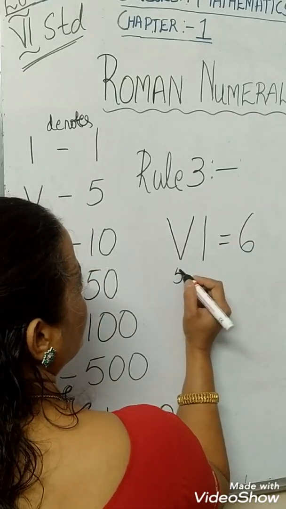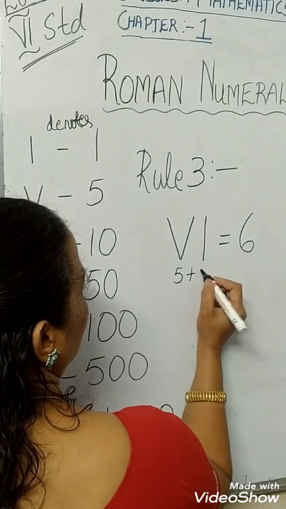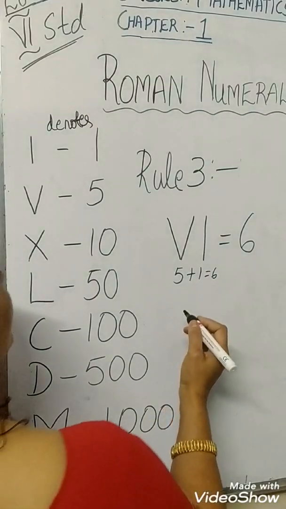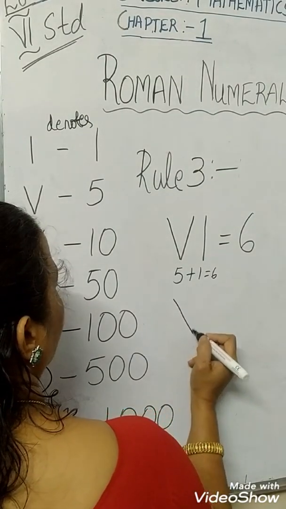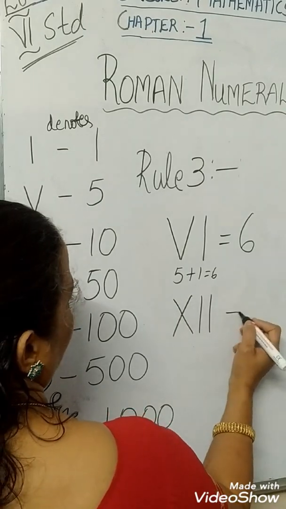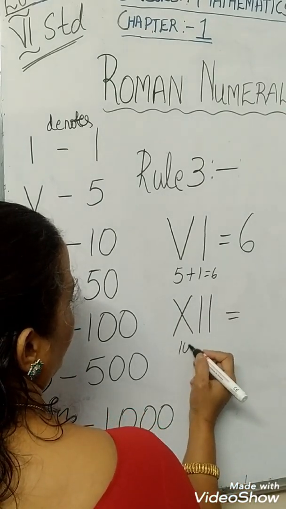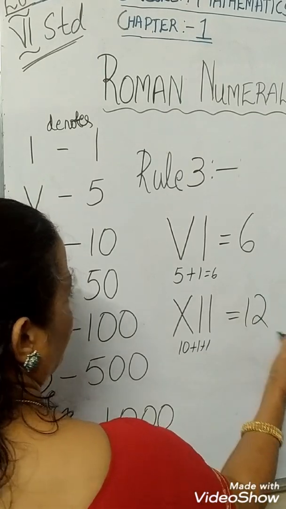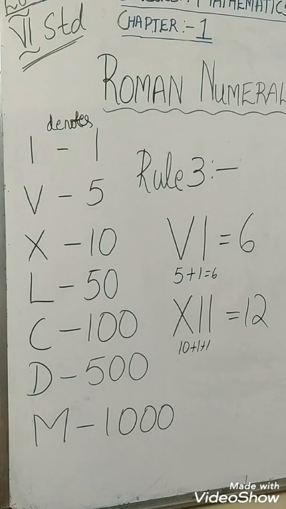Why? This symbol is greater, 5, and this symbol is 1, so it gets added up, so it is 6. Similarly, look here, X and I. Here the greater value is 10, plus 1, it is 11. Did you get it? This is rule number 3.